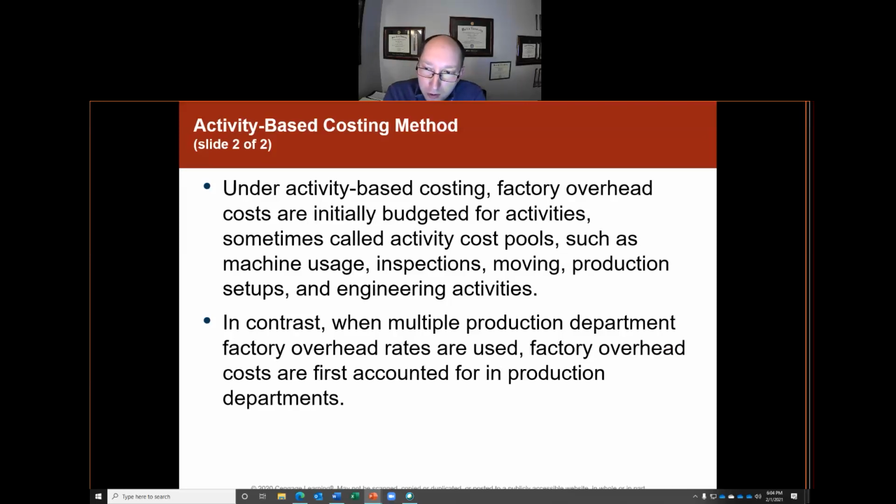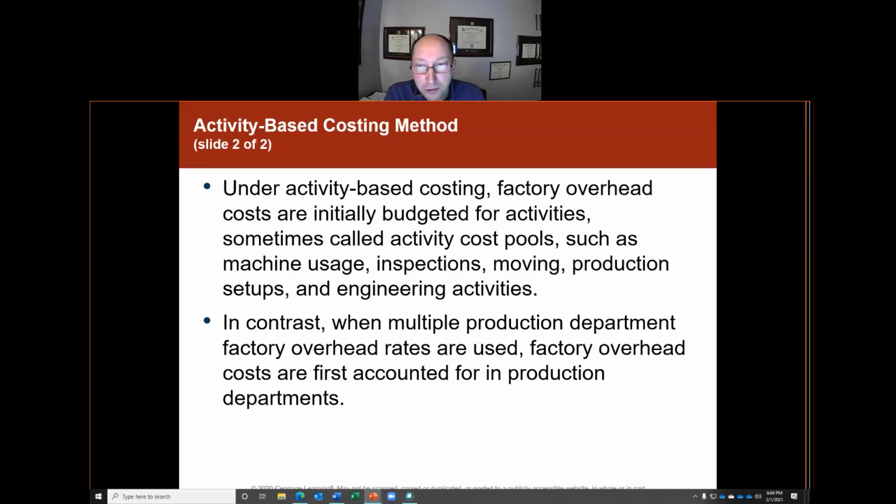A pool in accounting is where we group similar costs together. Similar costs might be labor hours in the assembly department. Those are similar costs. So we group them together in this thing called a cost pool.